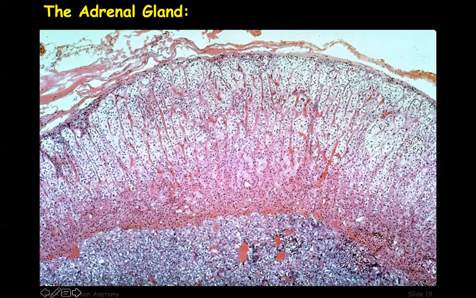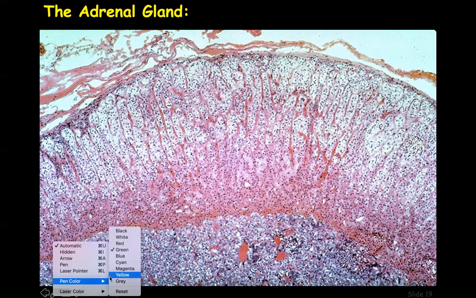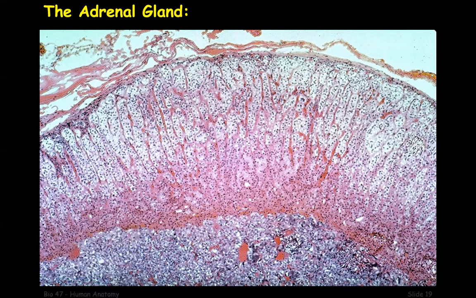So here in this image, we're looking at up there at the top. Let me try to do the same colors. Up there at the top, all of this is the capsule, which isn't responsible for secreting any hormones.